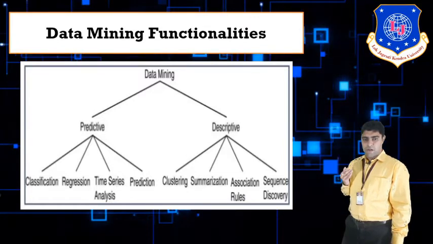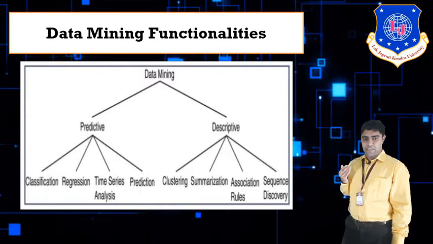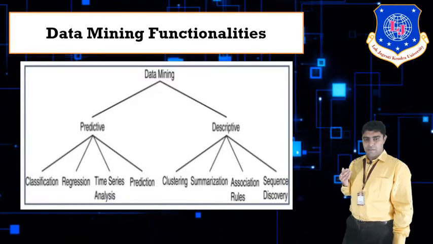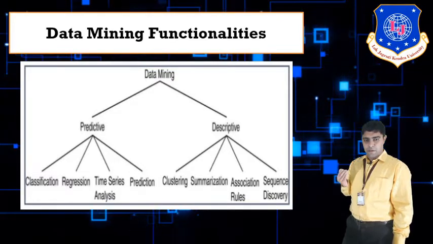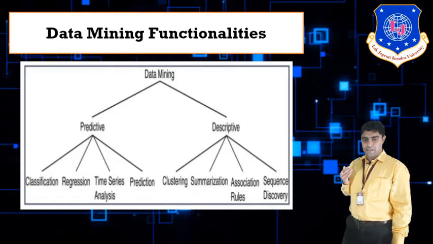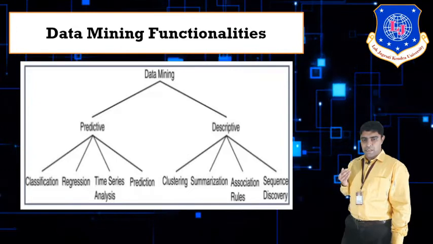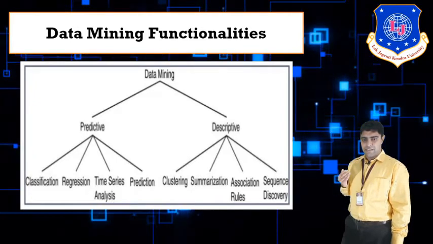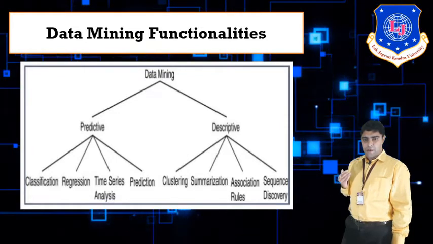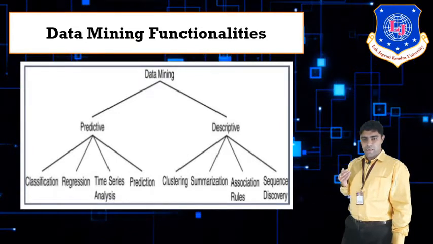Regression is also one type of predictive technique. In time series analysis, analysis will be done over time, and in prediction we have to predict an unknown number. Clustering is unsupervised learning, where grouping of data will be done. After that, summarization, where data will be summarized into one category, and after that, association rule mining, where association rules will be created.